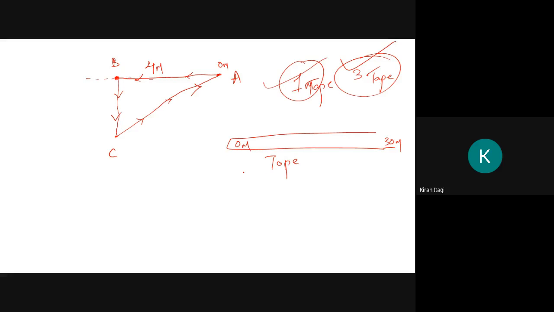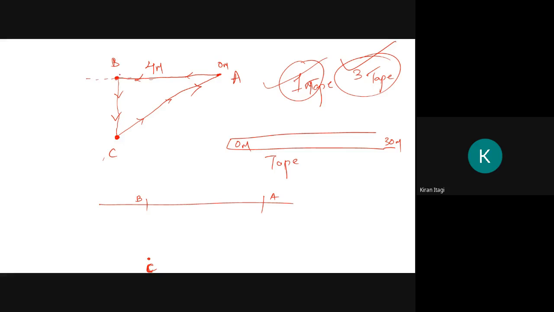This is my main survey line. I'm doing a perpendicular offset at station C. So this is 4 meter.